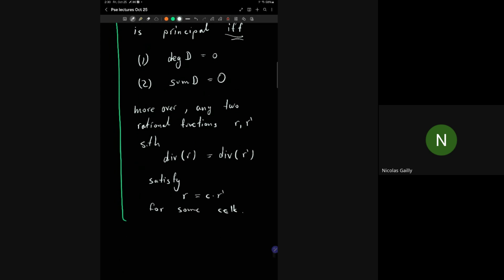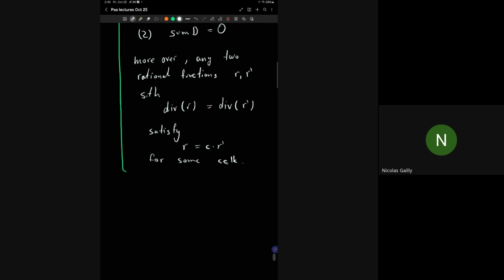Okay, just jumping a little bit back. There is this issue of a kind of calculus of divisors. That is, it's an effect of principal divisors.